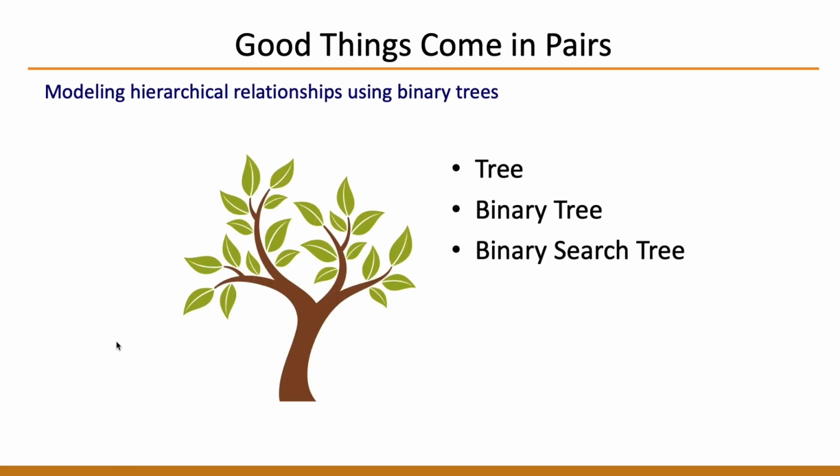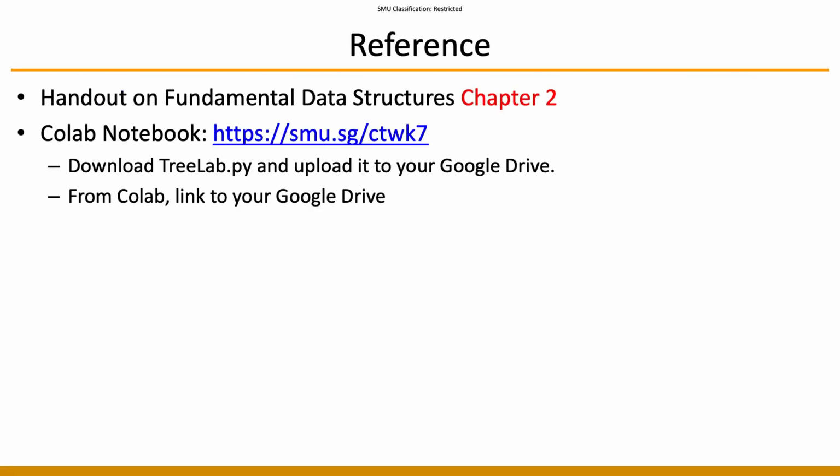Here you're going to see 3 different data types with increasing specialization. Tree is the most general type of hierarchical data type. Then we begin to specialize. We have binary tree, and finally we have the most specialized version called the binary search tree. Right? You'll see their definitions and how they can be used.